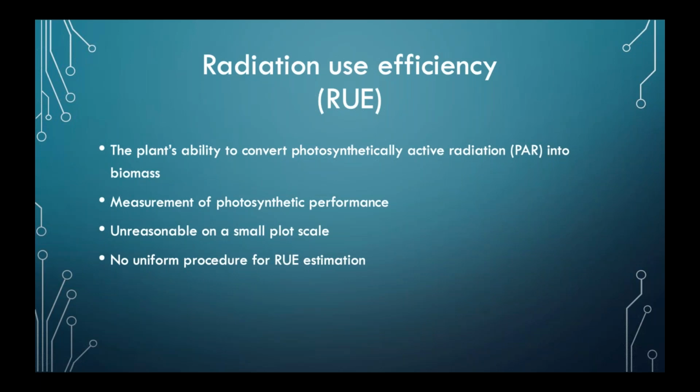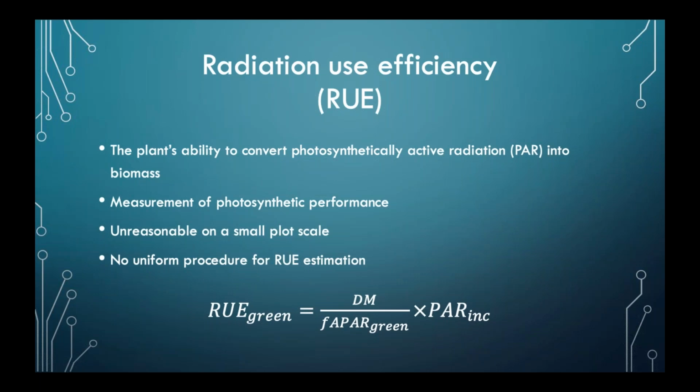And still, there's not a uniform procedure for RUE estimation across crops. This has been one of the factors attributing to some of the variation that we see in literature, for maybe individual crops in general, in that one group may use this way, another may use this way. So it's been proposed that we shift towards only considering the green leaf area when estimating RUE.